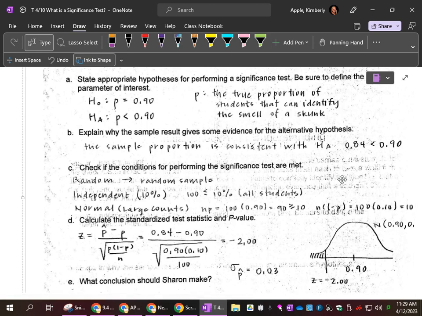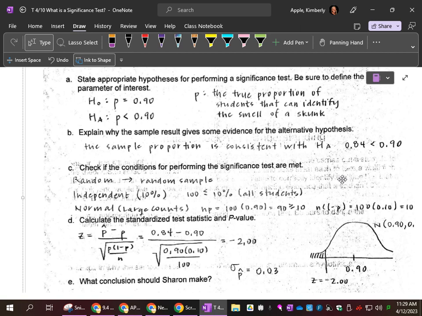Some evidence in support of the alternative hypothesis is simply that the sample proportion is consistent with the alternative. The sample proportion is 84%, which is clearly less than 90. So that's supportive of the alternative. That is some evidence, not convincing evidence at all, but it is some.